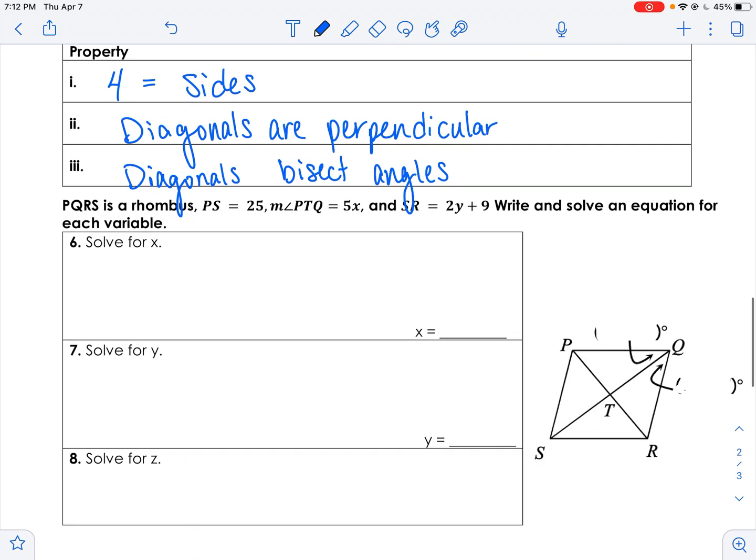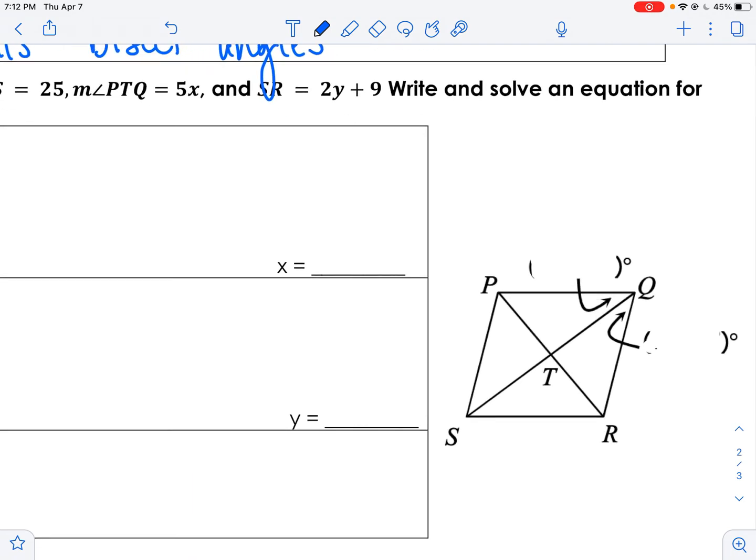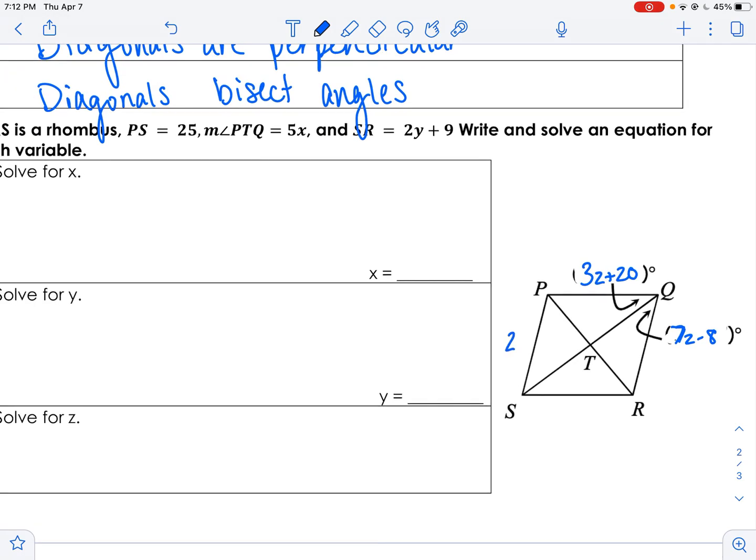So we're given here, let's see, what did I put here? I put 3z plus 20, and I put 7z minus 8. I'm given that PS is 25. Actually, let me do that in a different color.